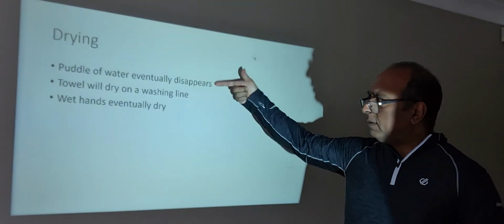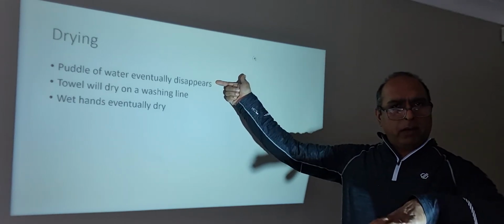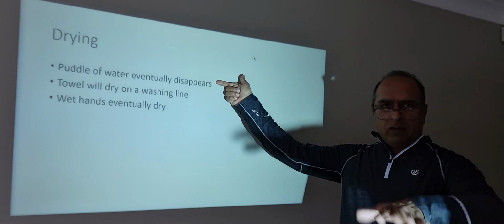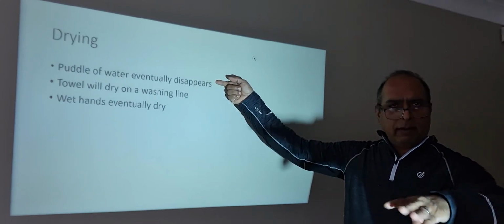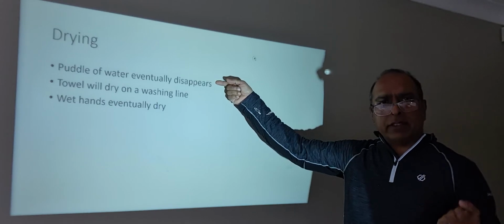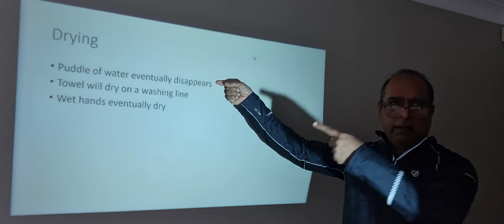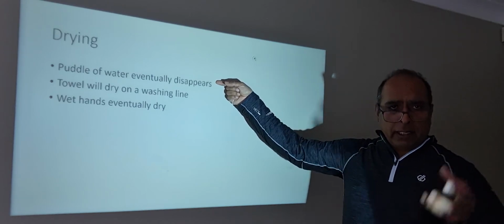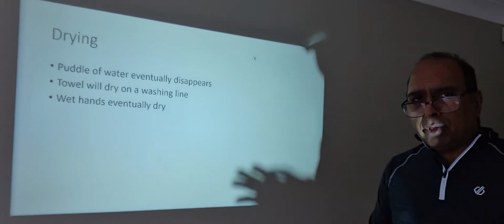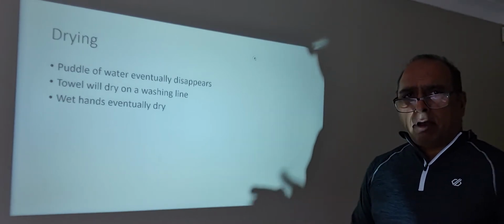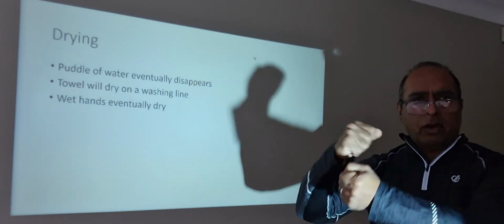Evaporation the same way. Puddles. If you've got a little bit of water, say you spilled some water on a workbench, come back the next day, that small amount of water will have gone. It seems to have magically disappeared, but it's not magic, it's evaporation. The particles, if you can picture them in your mind's eye, puddle is made of lots of particles of water moving around each other slowly.